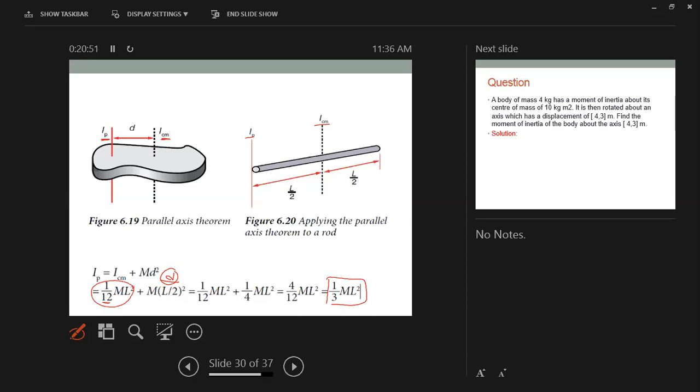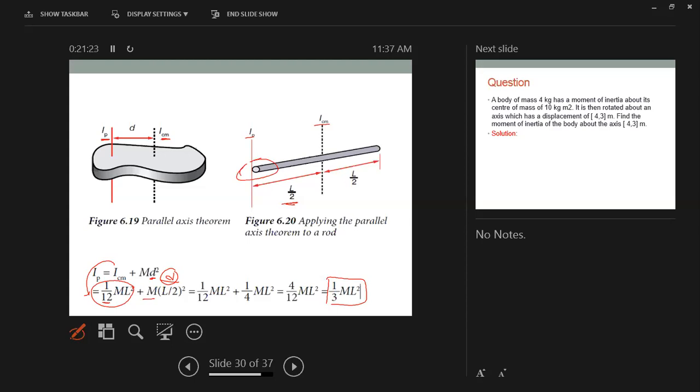It is always like this: I_CM for a rod is always 1 over 12 m L squared. The mass of the rod is m. And L over 2 comes from the distance from I_CM to I_P. The distance is d, and it comes from the formula.